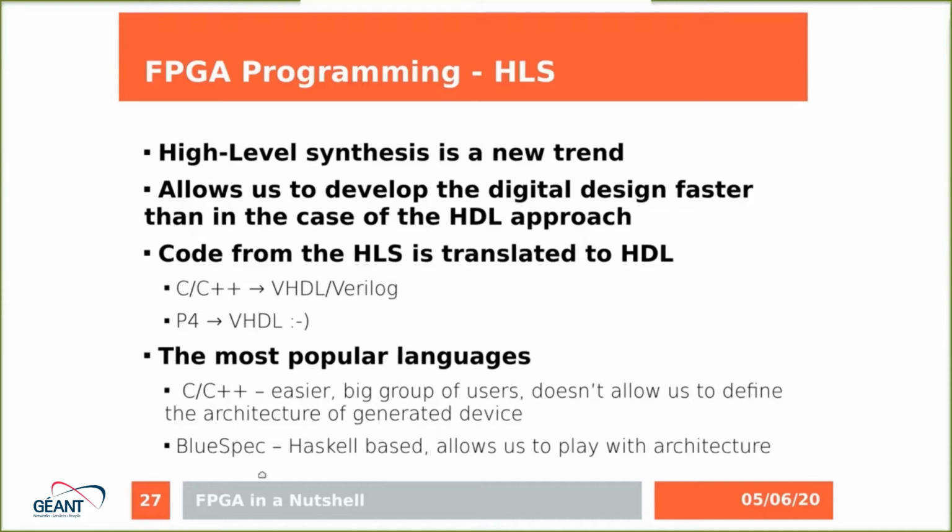So there is also another high-level synthesis tool, which is the compiler from BlueSpec. It's a Haskell-based tool, and it allows us to also define the architecture of the generated device on a higher level. So you are able to have the architecture of the generated device in your hand, and you can describe it really, really quickly.